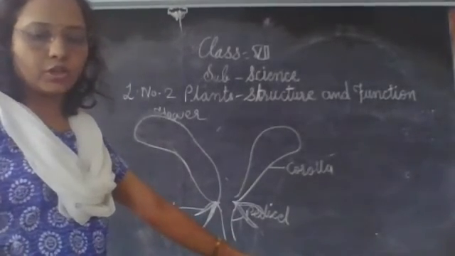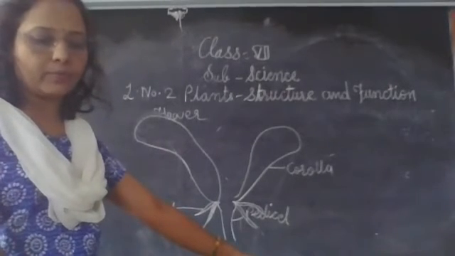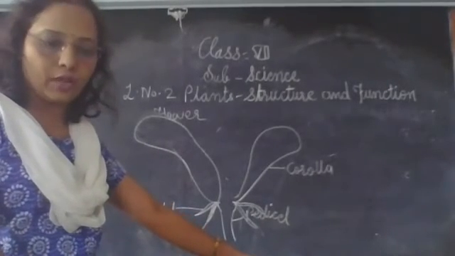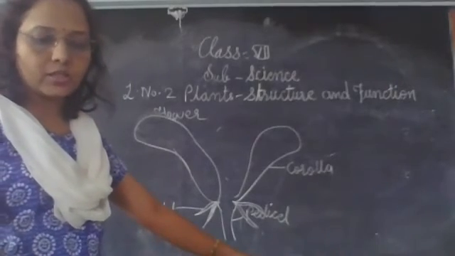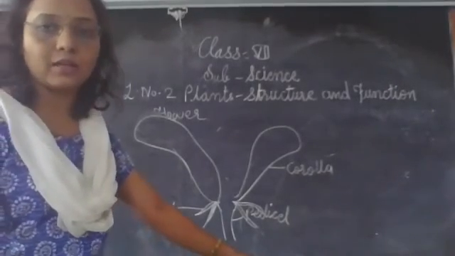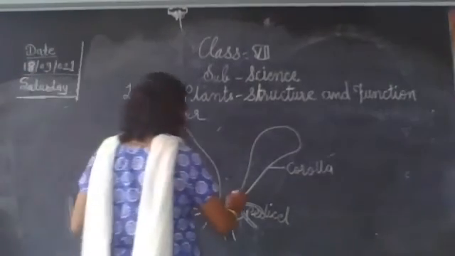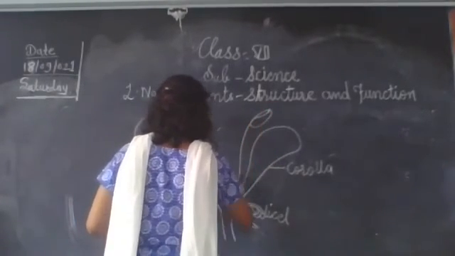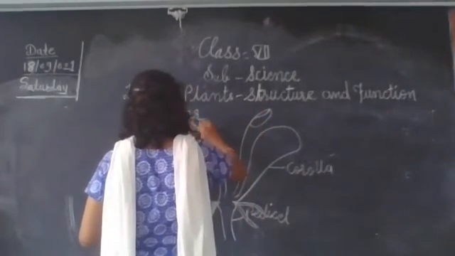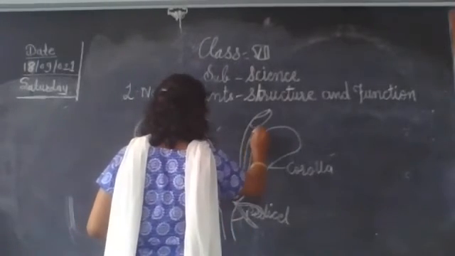Then androecium, it is the male reproductive part of the flower. It consists of stamens. Each stamen is made up of an anther and a filament. Here, the male reproductive part is the stamen, usually 4 or 5 in number.